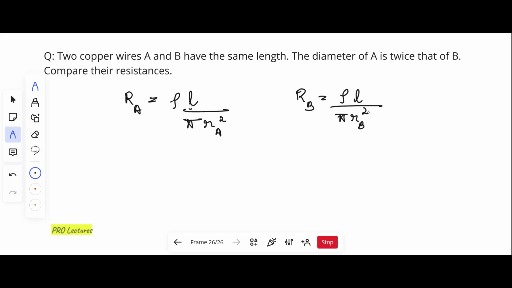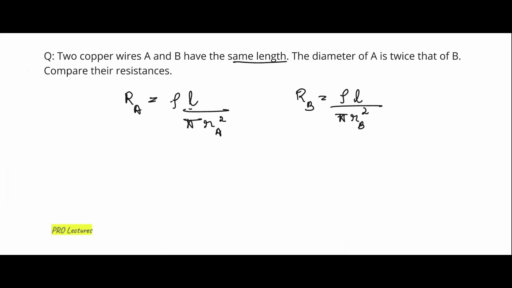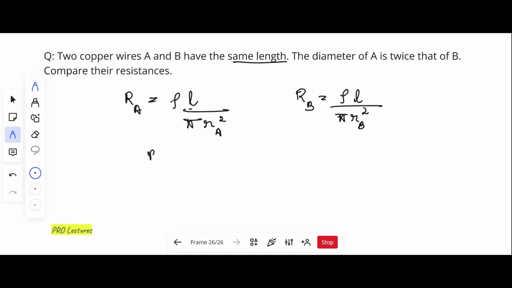Here we have considered they are of the same length L, and also the resistivity is the same since it is the same material. So RA by RB is equal to, only this component is different, so we can write this as rB square by rA square.